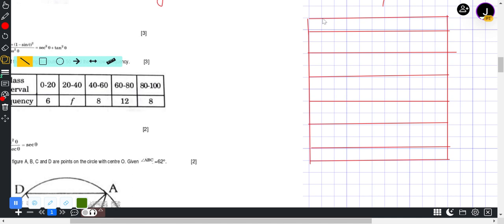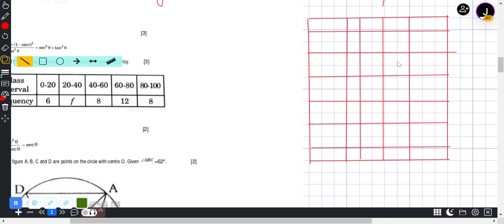So first I will write the class. Okay, then next the midpoint of the class. Okay, then your f, then your fx. Okay, so here we go.